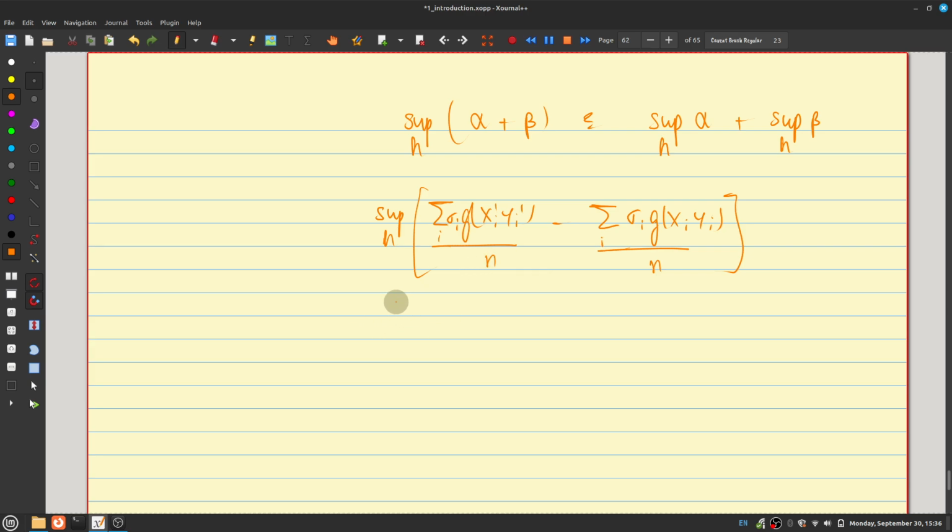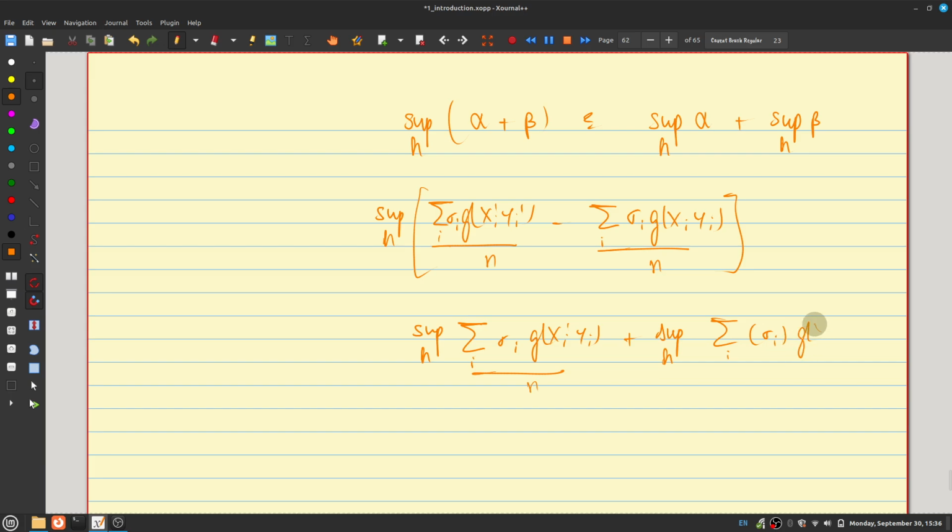Fine, let's take that. So supremum over all h of summation over all i sigma i g of xi prime yi prime by n plus supremum over all h of summation over all i, let's say minus sigma i g of xi yi divided by n.